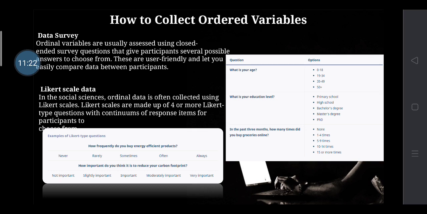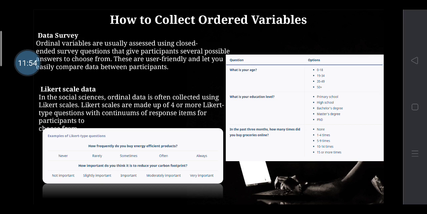The second is Likert scale data. In the social sciences, ordinal data is often collected using Likert scales. Likert scales are made up of 4 or more Likert-type questions with continuums of response items for participants to choose from. Here are examples of Likert-type questions. How frequently do you buy energy efficient products?